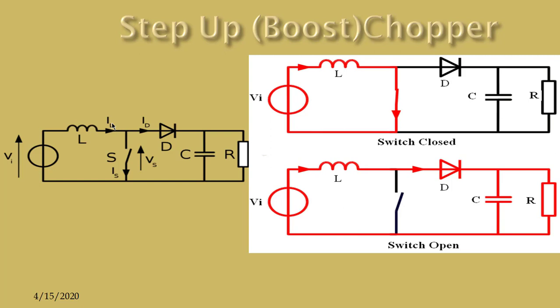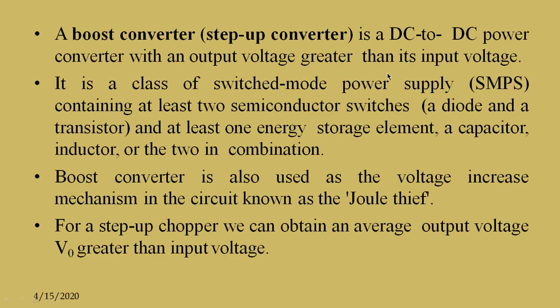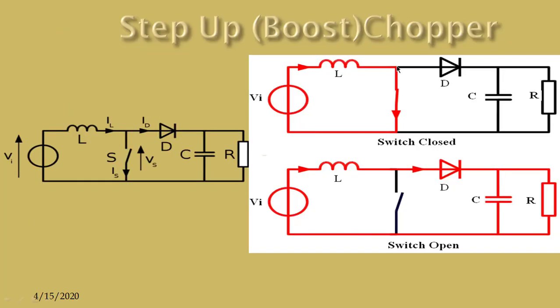Now if we see here, when the BJT is on, that means it is short circuited, so the voltage Vp at this particular point is 0. Now Vg is low means BJT is off.